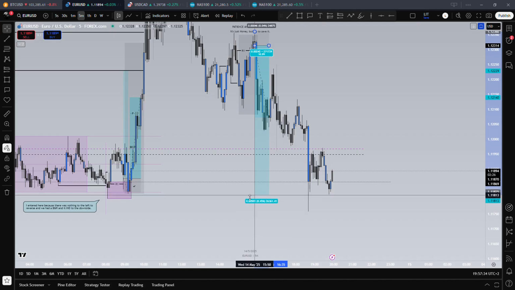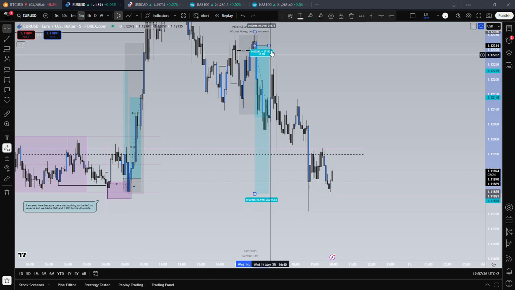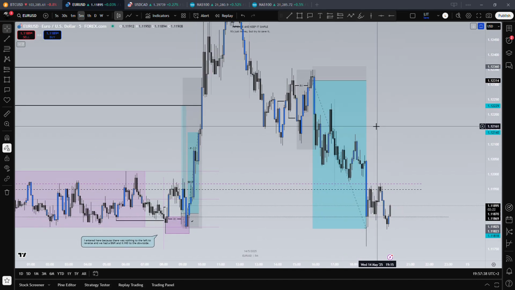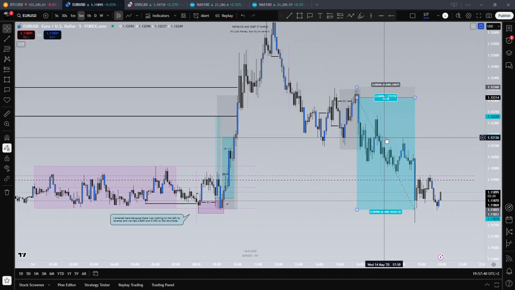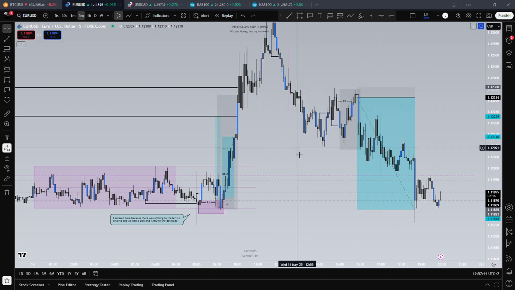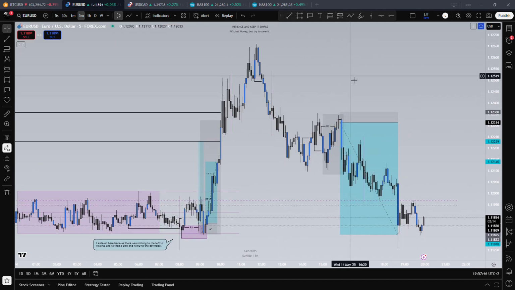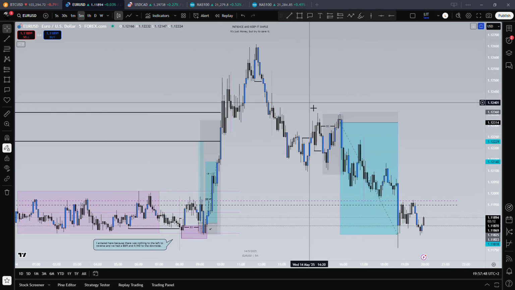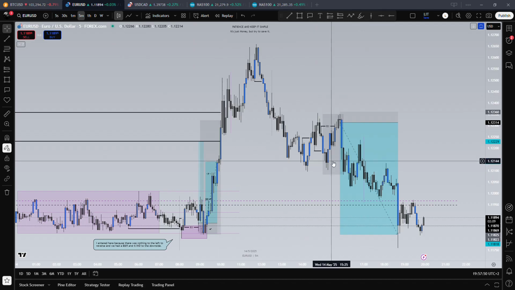Yeah, I would have closed here probably, but the really good one is here. Okay, so this was 1 to 10 perfect trade. I wasn't there, but yeah, it is what it is. Just like that.